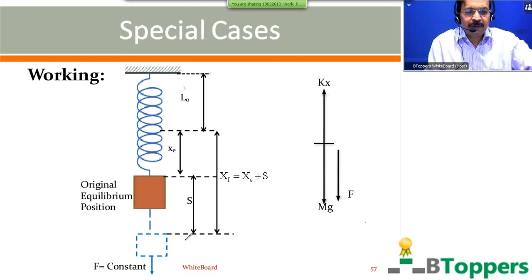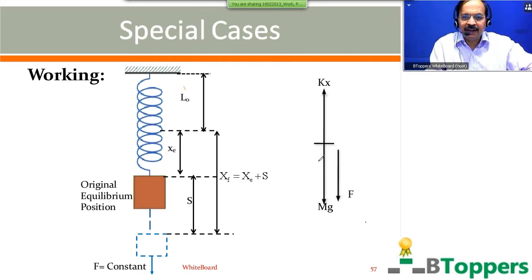And S is the magnitude of the displacement of the block in the downward direction after this constant force is applied, up to a particular instant. And Xf is the elongation of spring in the final position of the block, that you can write Xe plus S. Xe is the initial elongation of spring in the original equilibrium position of the block. S is the magnitude of the displacement of the block from this initial position.